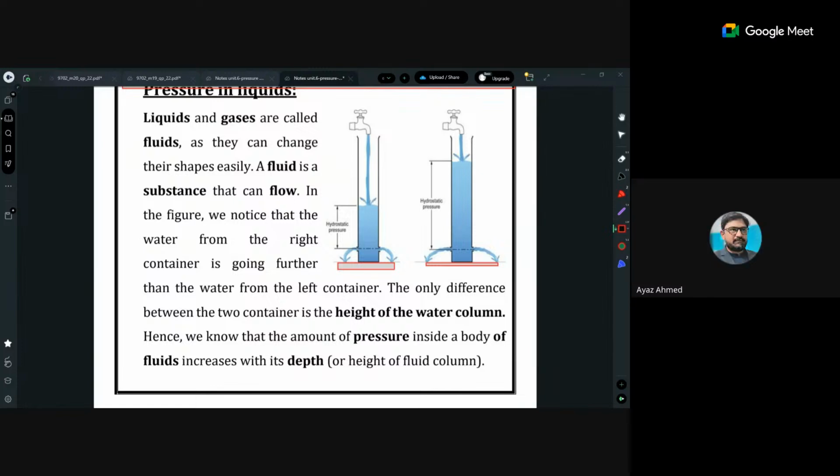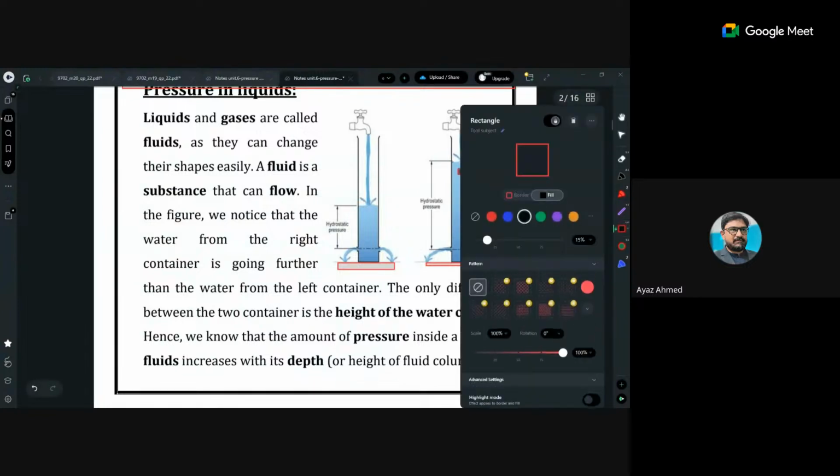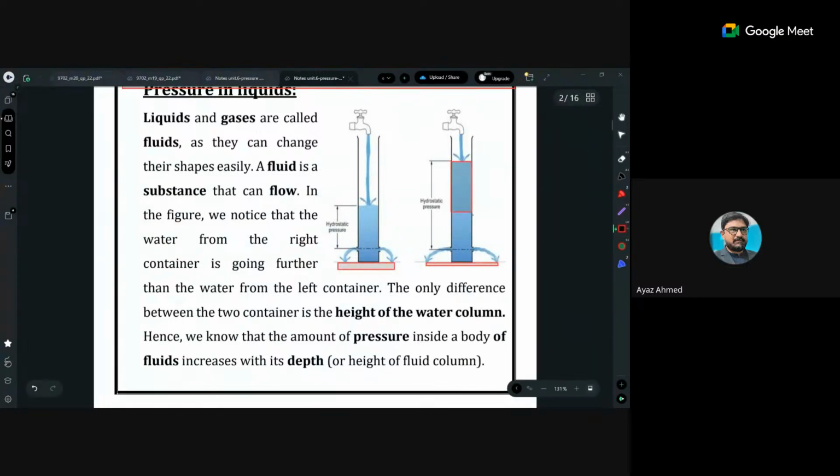So what is the reason behind that? What is the obvious reason? In both tubes we have water, but the height of water above this hole is greater than the height of liquid above this hole.